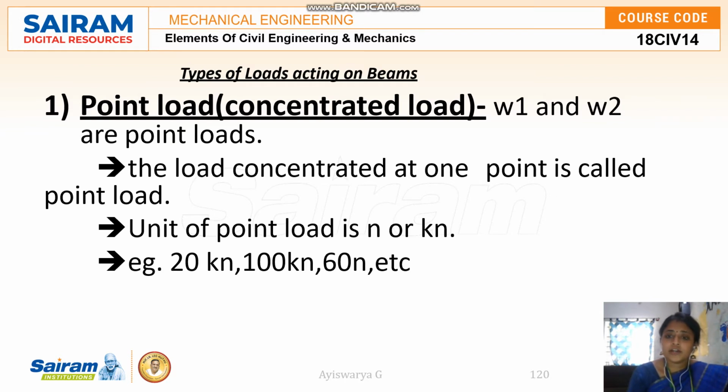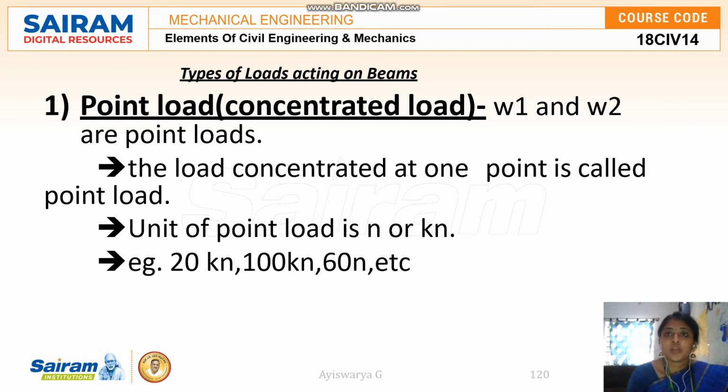There are different magnitudes of loads, like 20 kilonewton, 100 kilonewton, 60 newton. These are all the various loads which can be applied on the beam. The load which is concentrated at a single point is called the point load. Whatever the type of load, you need to convert it into a single point load.